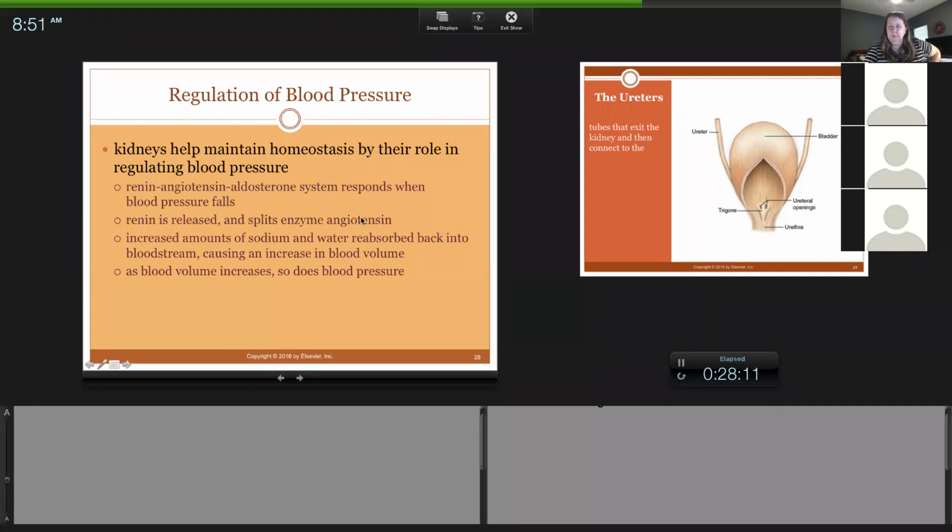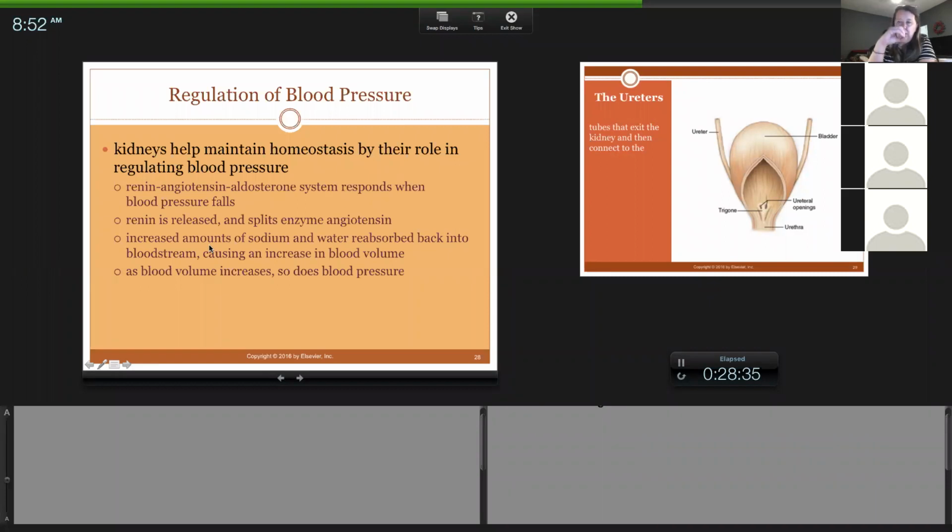And it's going to split this enzyme, but I want you more to know what is the purpose. When this renin is released and splits this enzyme, it's going to increase the sodium and water that is reabsorbed back into the bloodstream. That's the key sentence there. It increases the amount of sodium and water reabsorbed.